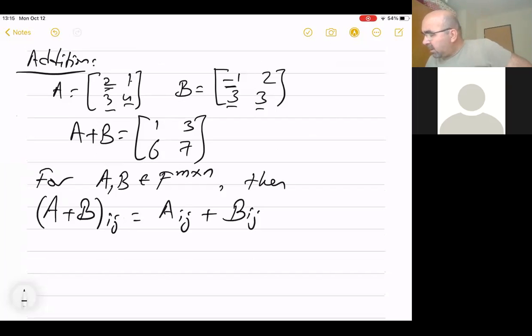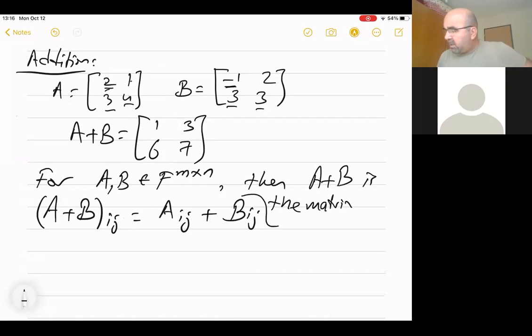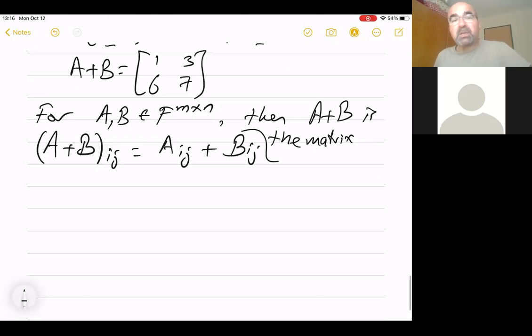More precisely, A plus B is the matrix given by this equality. And there is also the zero matrix. The zero matrix is the one where all entries are 0.